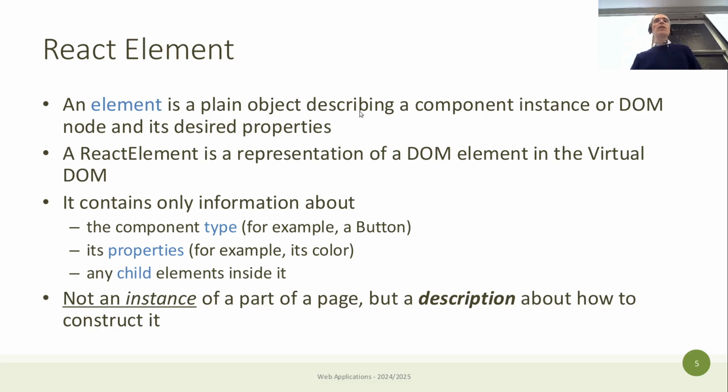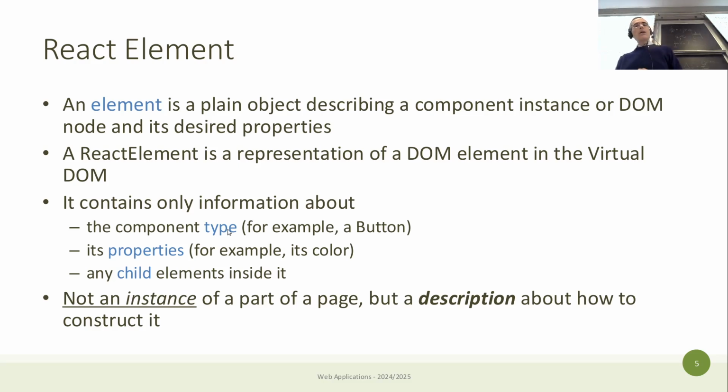Well, actually, it's an object describing a component instance or a DOM node and all its properties. Okay, so actually it's a single element in the virtual DOM. It's like the element in HTML. Okay, it's just a bit more complex because it's a React element, so it has more properties and more stuff that is useful for React.